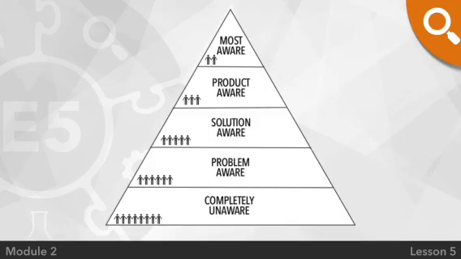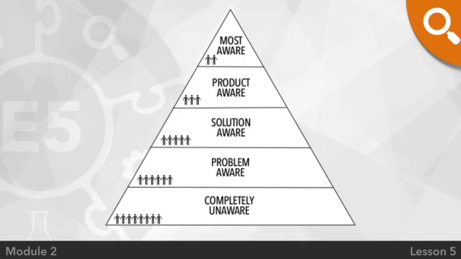Well, you may, but you need to be aware of two things. One, the lower on the prospect awareness pyramid you go, the harder it is, the more difficult it is. The easiest prospects to convert are most aware. The most difficult prospects to convert are completely unaware. The higher on the pyramid you go, the easier it becomes. The lower on the pyramid you go, the harder it becomes.